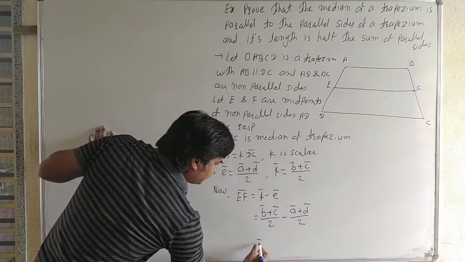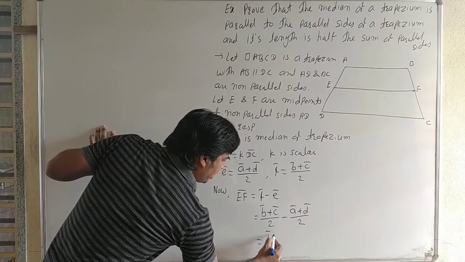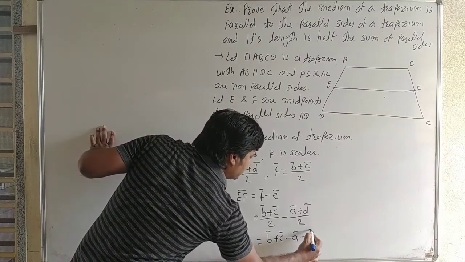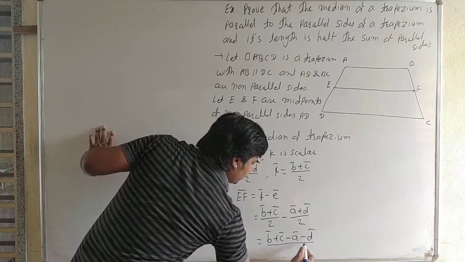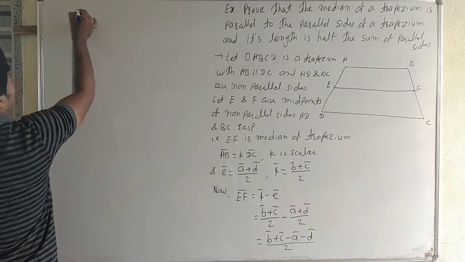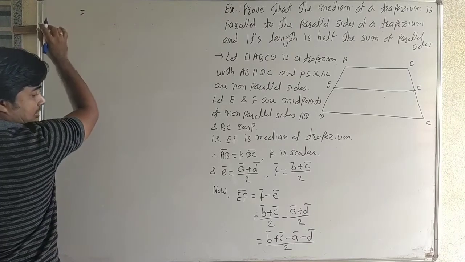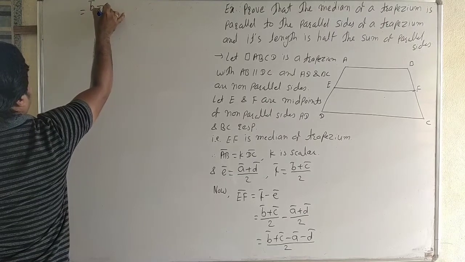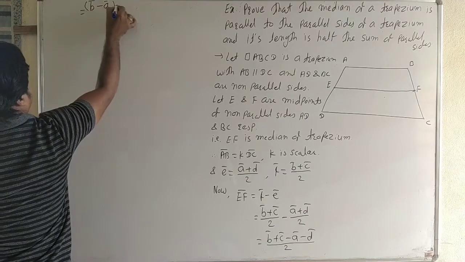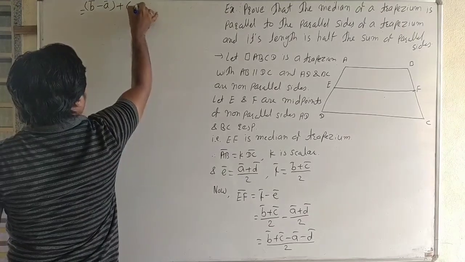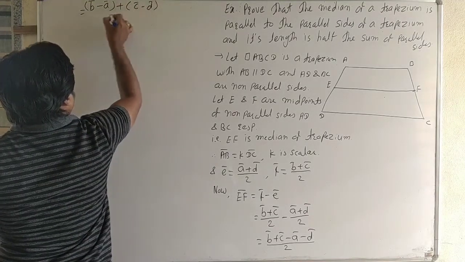This can be written as (B bar plus C bar minus A bar minus D bar) upon 2, that is (B bar minus A bar plus C bar minus D bar) upon 2.